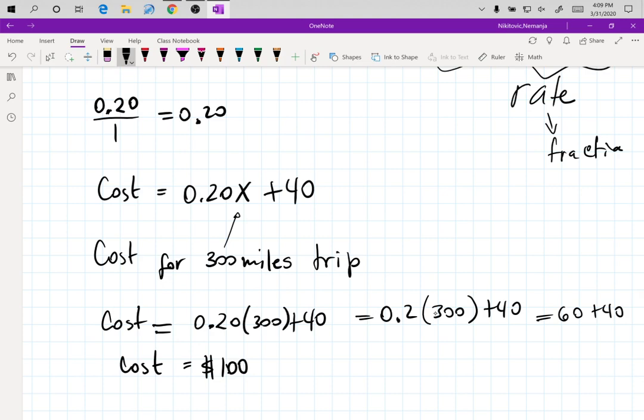So it will cost you $100 to go 300 miles. Very good. Nice. So we have $100 cost to go 300 miles with this rental.